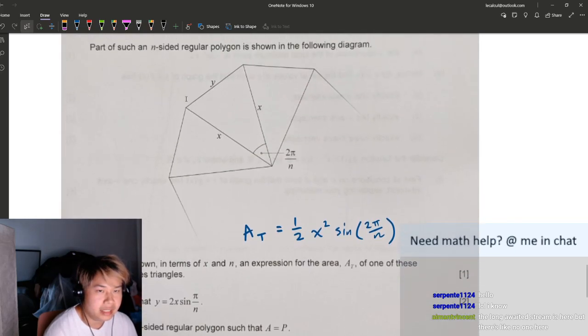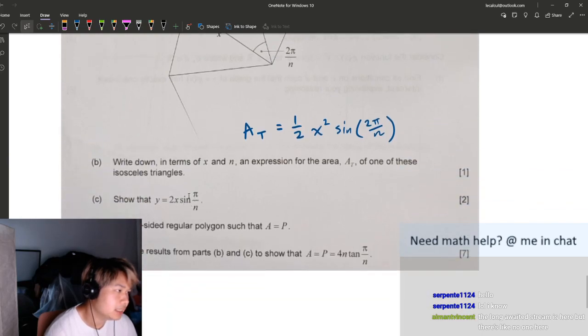So y is equal to that. There's lots of ways that you can show this. I guess the easiest way is to use cosine law, even though this has a sine.